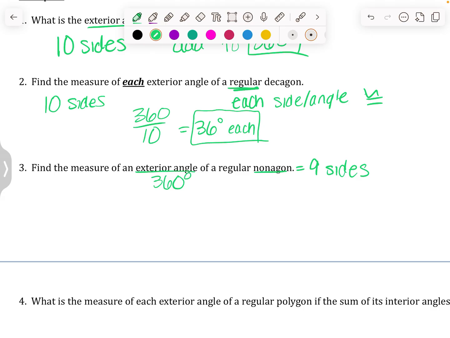And if you want each measure of the exterior angles, you're going to do the same thing. You're going to do 360 divided by 9. Since you know that 36 divided by 9 is 4, you know that 360 divided by 9 is 40 degrees for each angle.